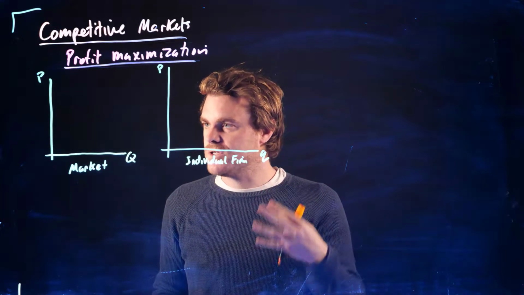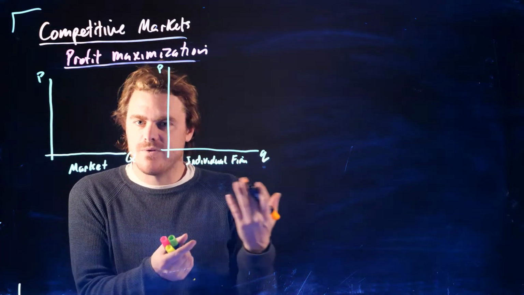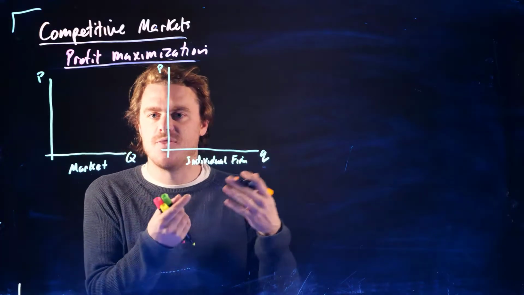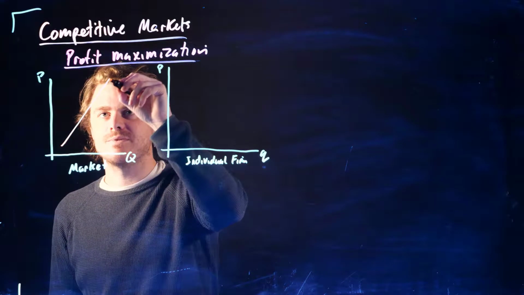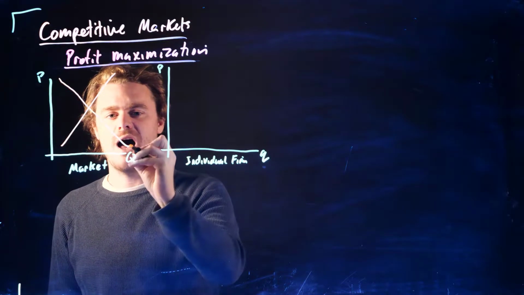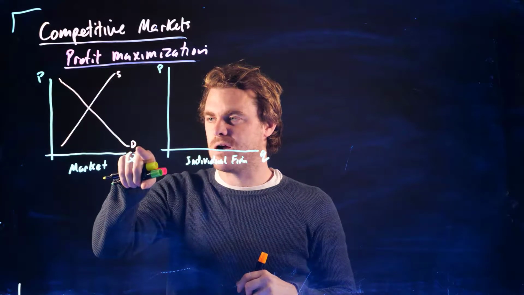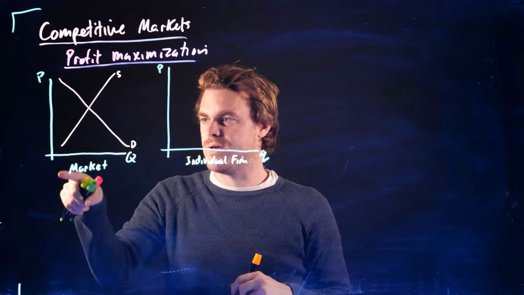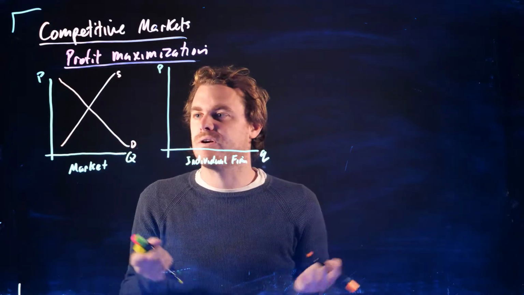Okay, so let's first talk about this idea of whether individual firms can influence the market price. The price the firms face is going to be determined by these big supply and demand curves, the market supply curve and the market demand curve. Remember, the market supply curve is made up of all these individual firms added together.